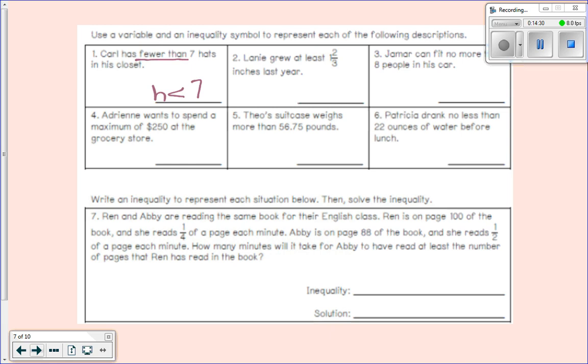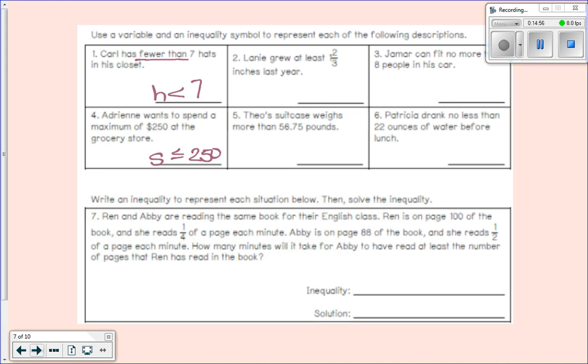Adrian wants to spend a maximum of $250 at the grocery store. That's the max she has. Less than or equal to. Good. Less than or equal to 250. She could spend exactly 250, but it's going to have to be less than. Are we good with that?